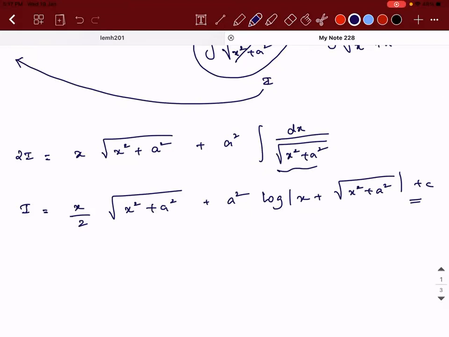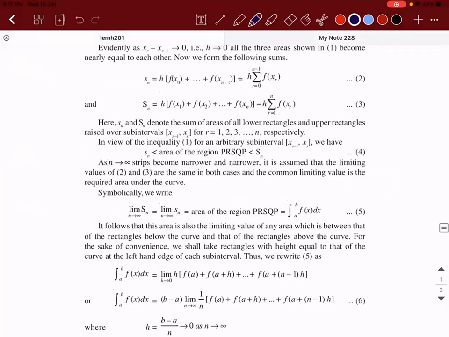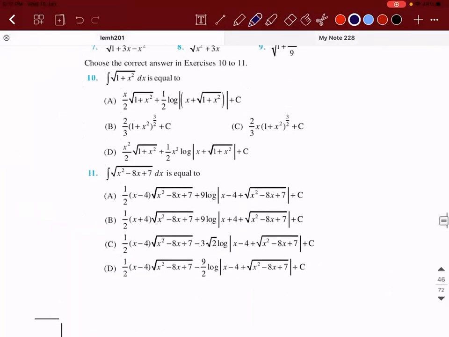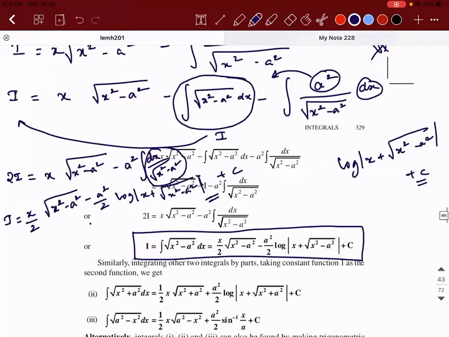Okay, one minute. There's a square by 2. Right here also I wrote a square by 2.